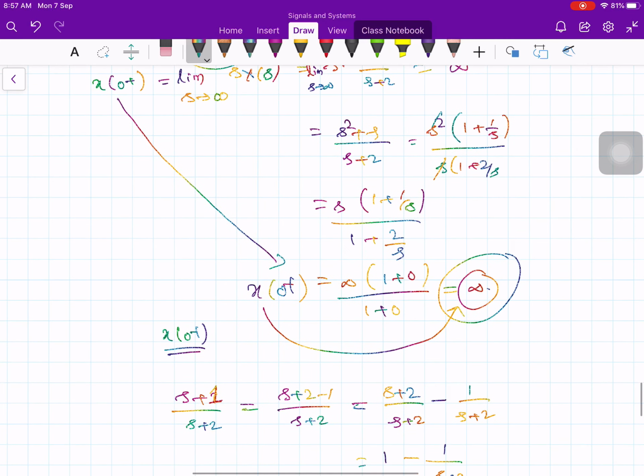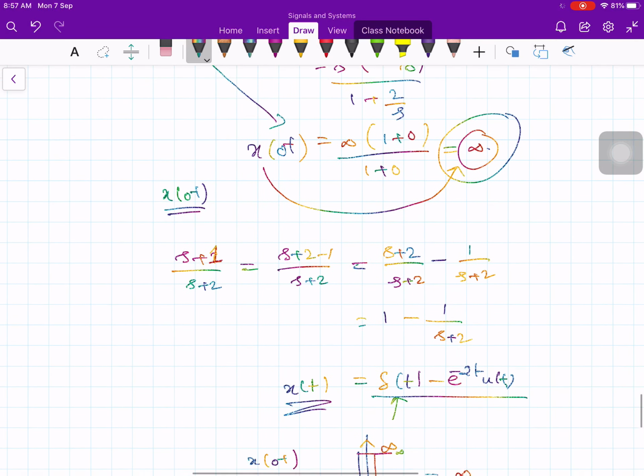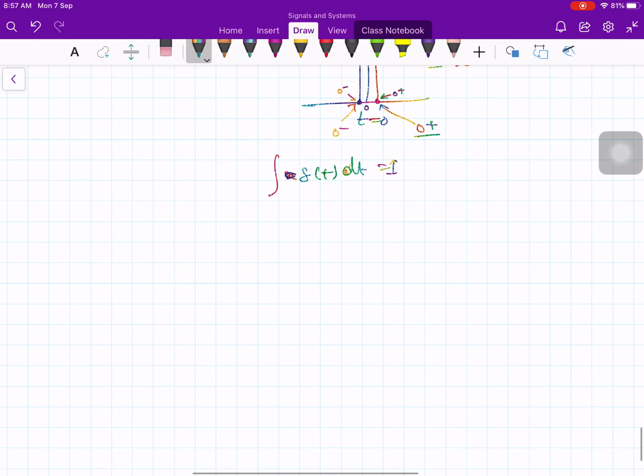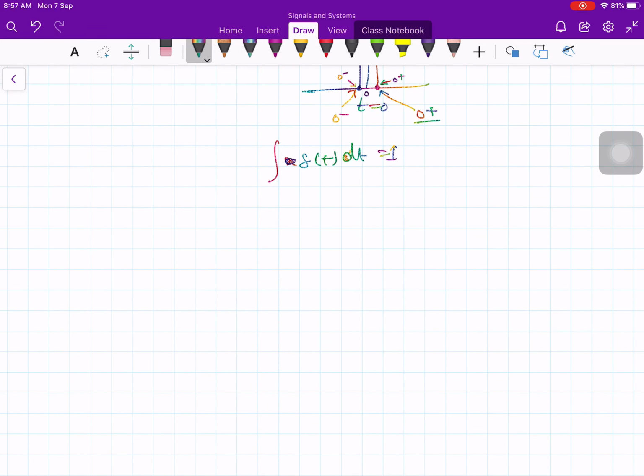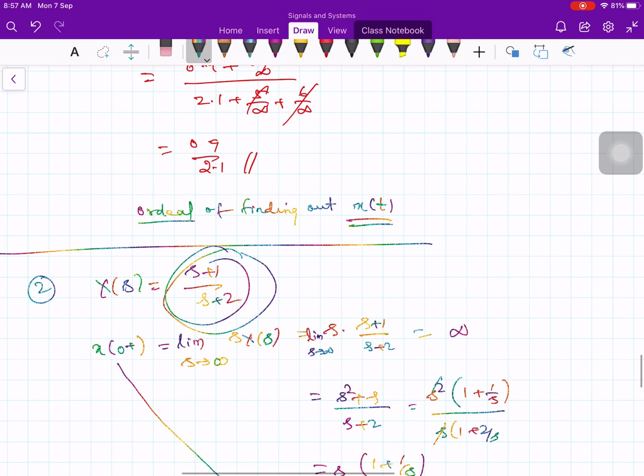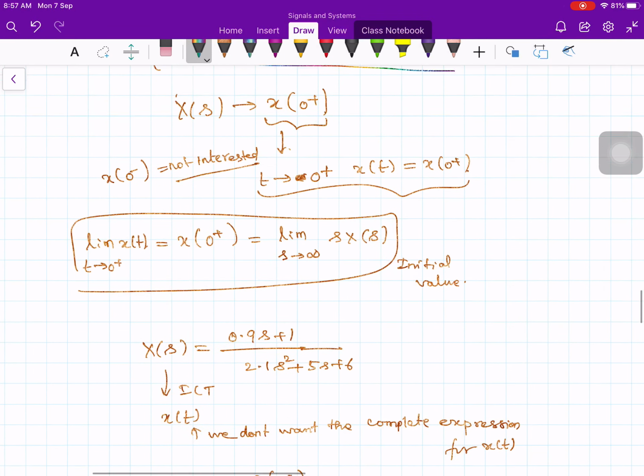Now consider the dual rule of this, which gives the final value theorem: the final value of a function of time without having to find the inverse Laplace transform. I think this is the 10th property. Where is the initial value theorem? Yeah, that one is the 9th property.